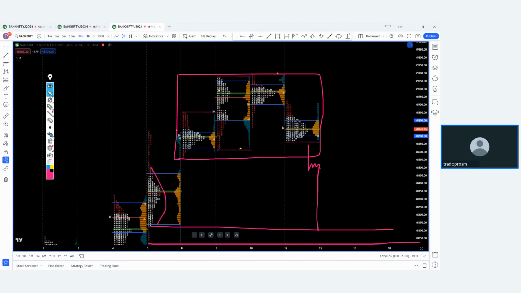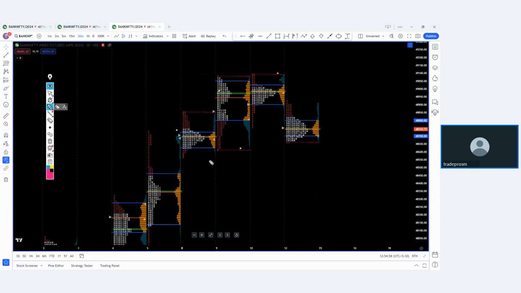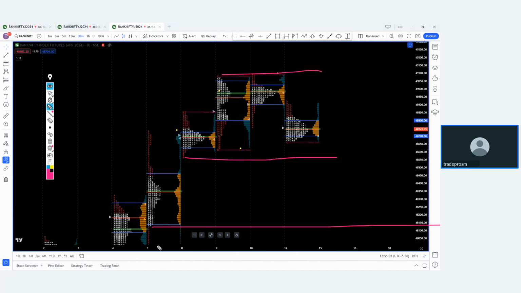So once you get a confirmation that price is getting accepted below this 4-day low, be prepared for this level. Minimum, I'm saying, 48,700, 47,900 levels. And say if there is a trap, they dip below this weekly low, but took support from the spike base, somewhere around the spike day, the spike day is there, no?